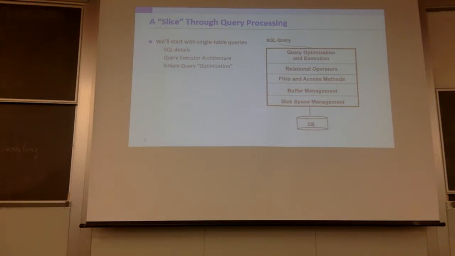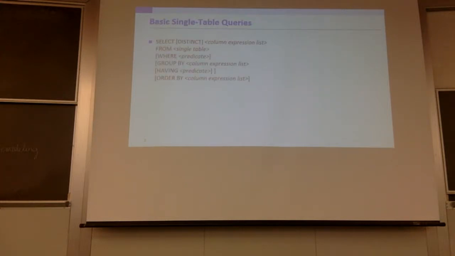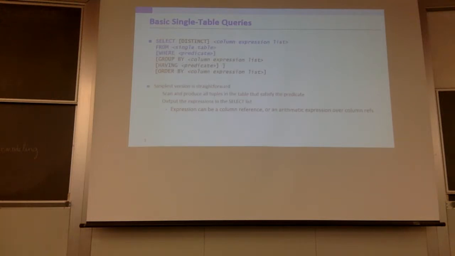So let's first review a little bit about the simplest query you could come up with, the single table case. The basic form of a single table query has a select target list, the column or column expression list, and a from clause which specifies which table you are selecting data from.